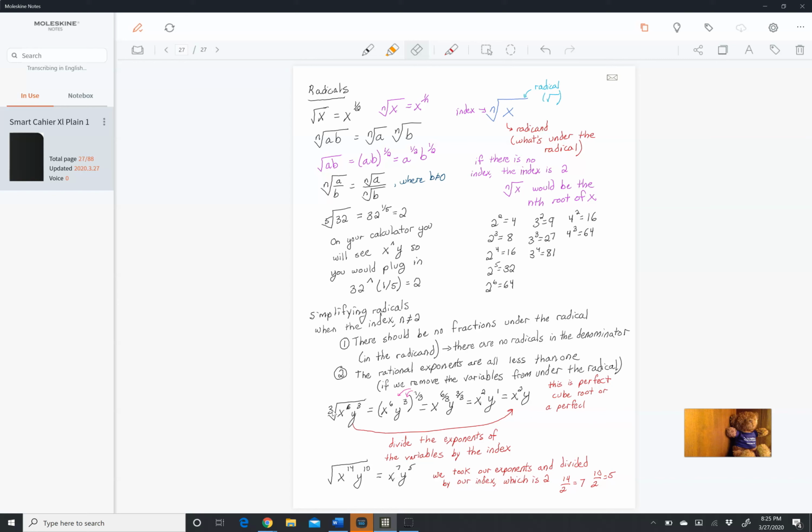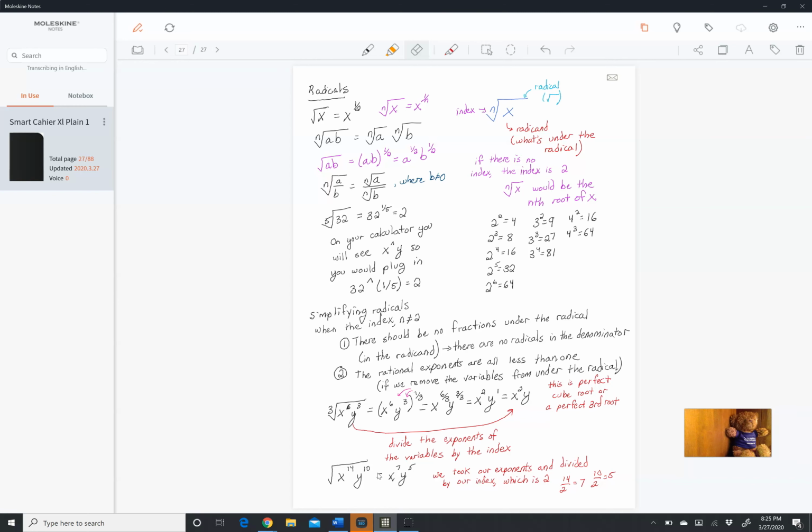What we mean by that is that when we simplify, we can get rid of the radical entirely. 6 and 3 are both divisible by 3. This one is a perfect square, 14 and 10 are both divisible by 2. Right now, we'll work with ones that are perfect nth roots, just until you get the hang of it, and then we're going to put in some others that aren't.